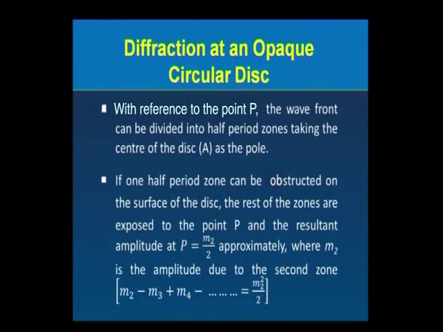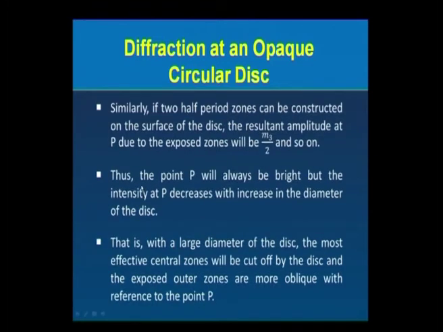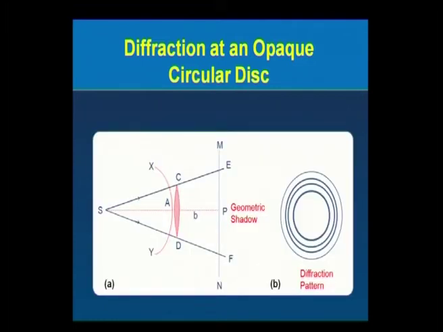Thereby, this whole thing results in M2 by 2. Supposing the first two zones are cut, then the resultant will be, instead of M2 by 2, M3 by 2. So, the intensities caused on the screen will depend upon how many half period zones are cut by the circular disk. This is what you are having here.